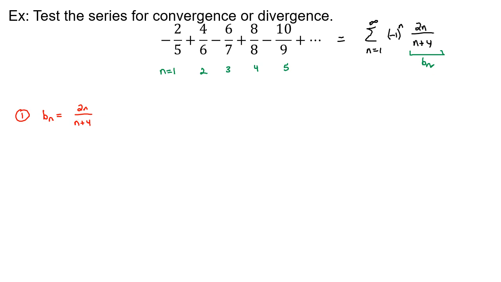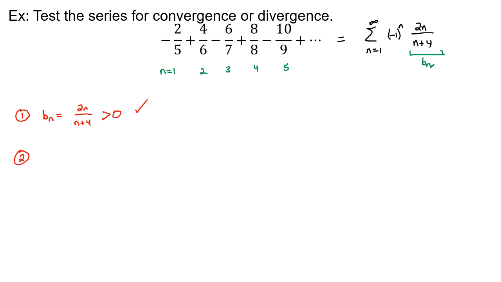Well, as you plug in 1, 2, 3, 4, on the top you're only going to end up with positive numbers because you're plugging a positive n into a 2. On the bottom, you'll have an n that's positive. Adding something to it will always be positive. So yes, this will always be greater than 0. So that checks out.